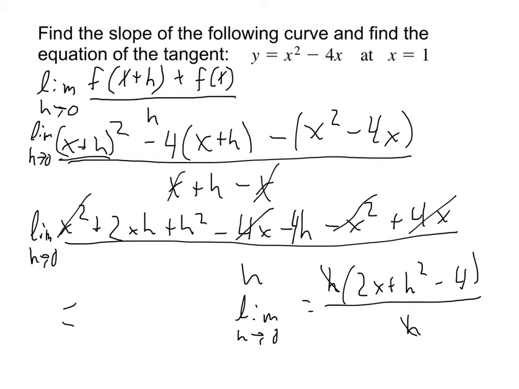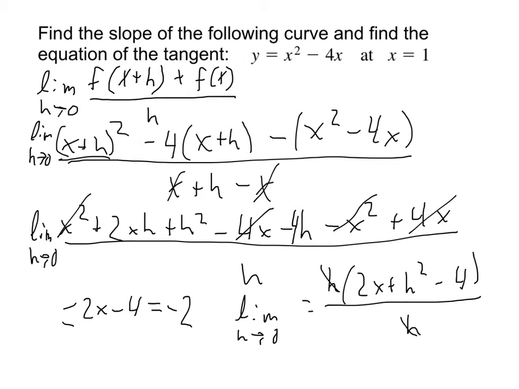So that is equal to, if I have the h go to 0, I just have 2x minus 4. And then if we plug in a 1, 2 minus 4 is negative 2. So negative 2 is the slope of the equation.